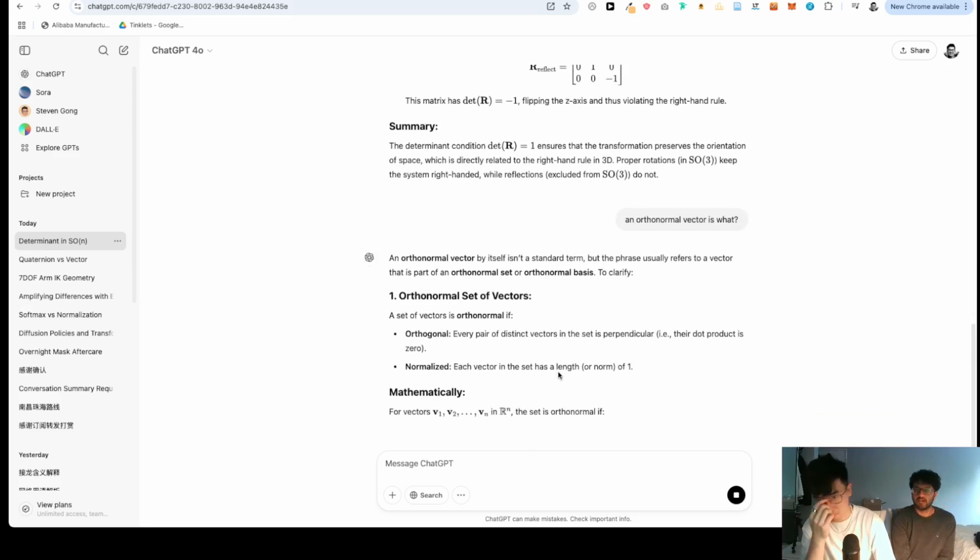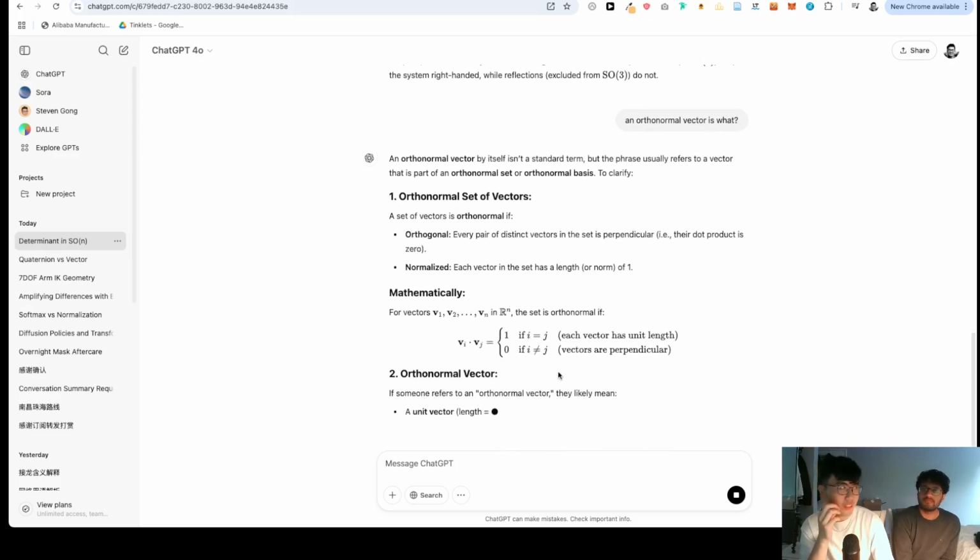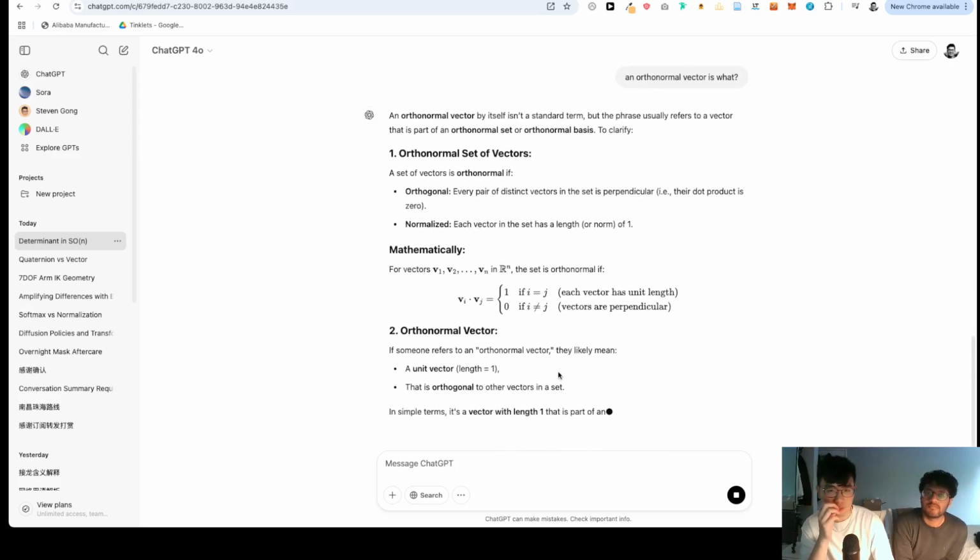Yeah, you're right. Good job. I don't think you say it's orthonormal. You can't just say one vector is orthogonal, right? It's orthogonal relative to another vector. So generally you say orthogonal basis.